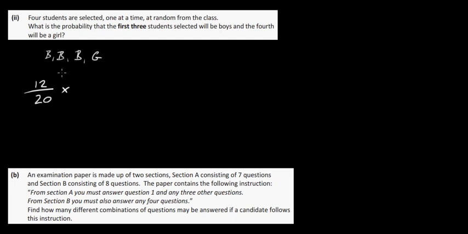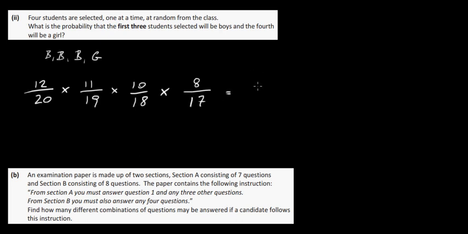The probability of choosing a boy the second time, there are only 11 boys left, so it's going to be 11. There are only 19 students in total. And then we have another boy here, so there are only 10 boys left, and there are only 18 students in total. And then finally we have to choose a girl, so there are 8 girls and there are 17 students in total.